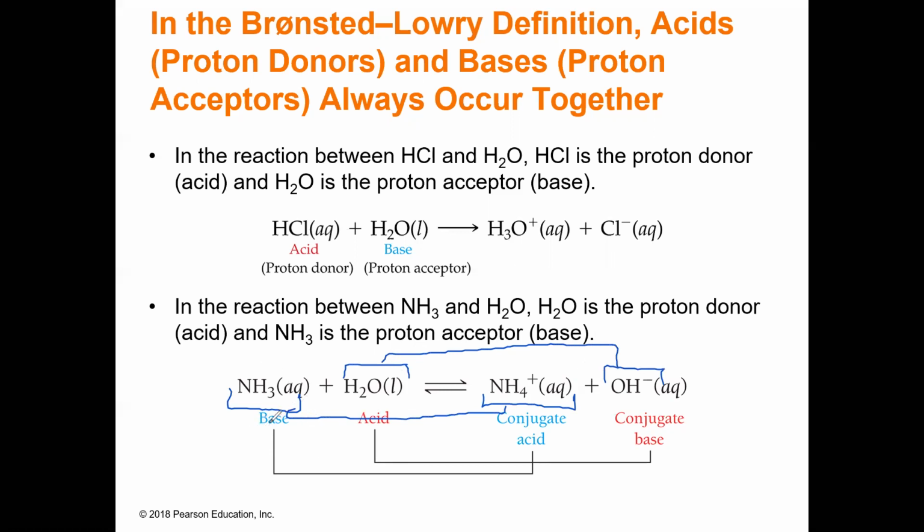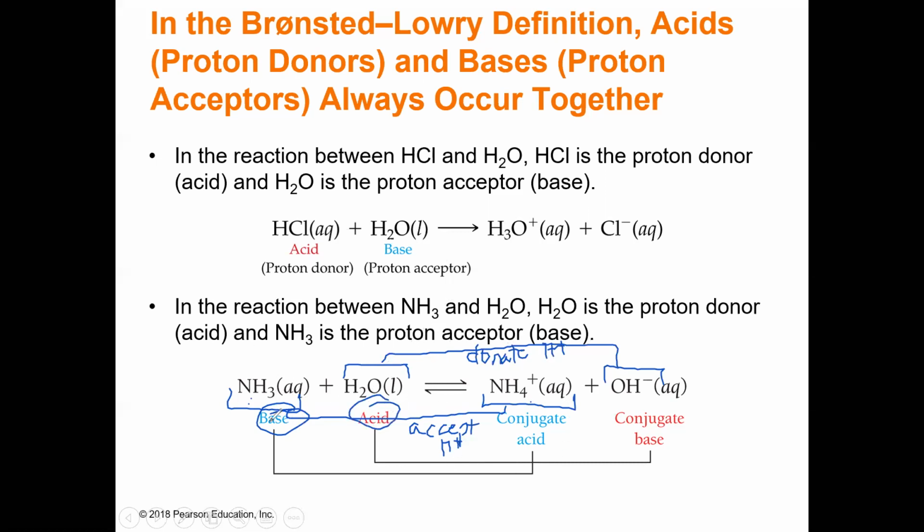Then you have to ask yourself, what is happening to get from the left side to the right side? For this to become this, it has to accept, right? If you're accepting an H plus, that makes you a base. Here, this thing is donating. So this is going to donate an H plus. If you donate an H plus, that makes you an acid.